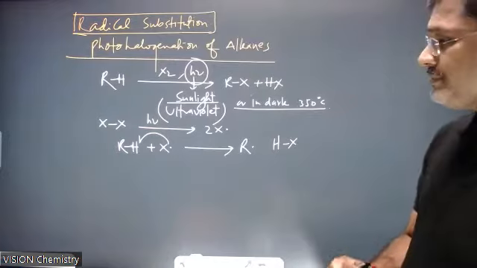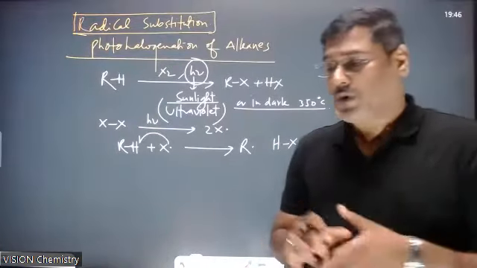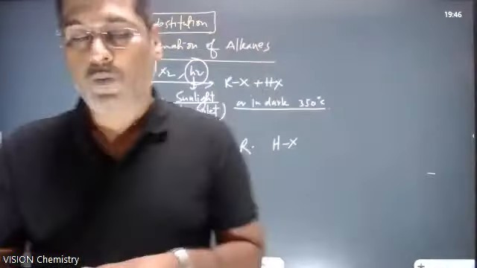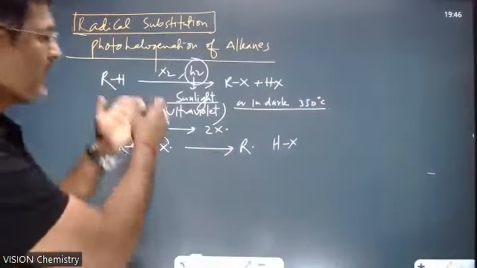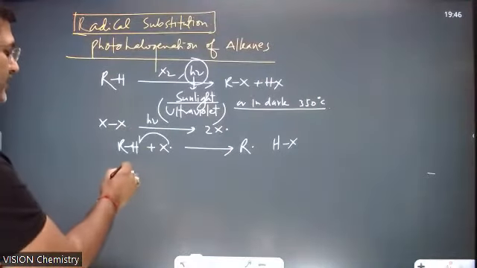Now what happens here? This alkyl free radical that forms is surrounded by many of the halogens, right?